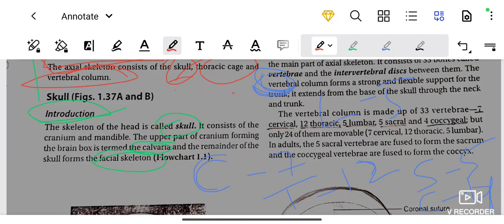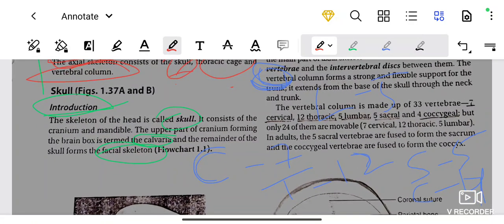But of these 33, only 24 are movable. What are those? The 7 cervical vertebrae, 12 thoracic vertebrae and 5 lumbar vertebrae are movable, and the remaining 9 are not movable.